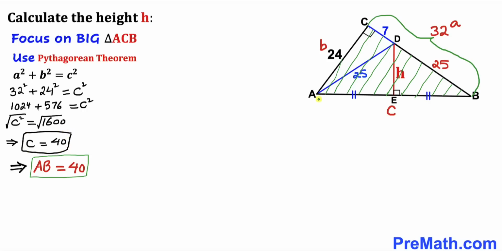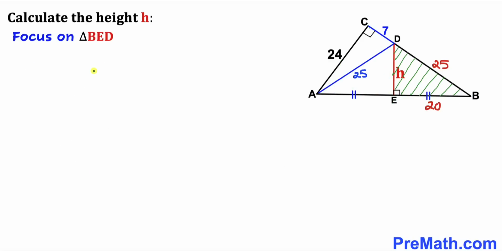So therefore this whole side length AB turns out to be 40 units. And now we can see that this side length AB is divided into two equal parts. If this whole length is 40, then this side length AE is going to be 20, and this side length EB is going to be 20 units as well. And here's our final step.